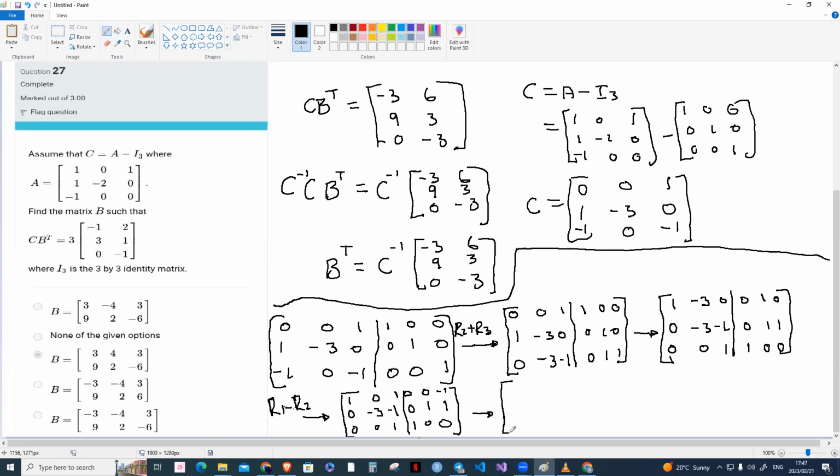Then I'm done with this one. So I need a 0 here and here. I'm going to say row 1 minus row 3, and I'm going to add row 2 plus row 3.